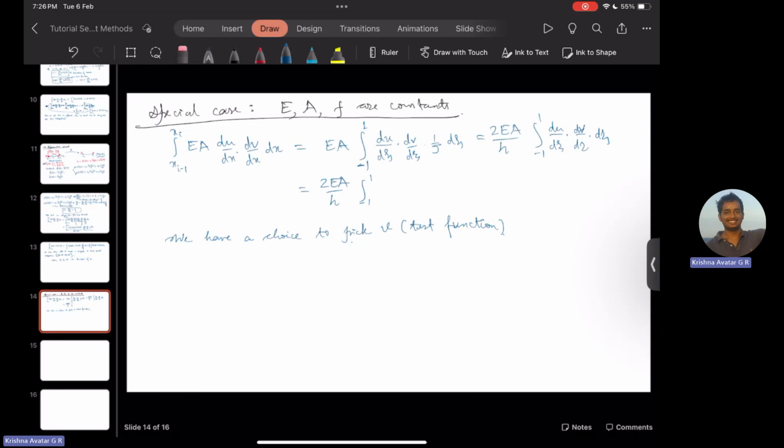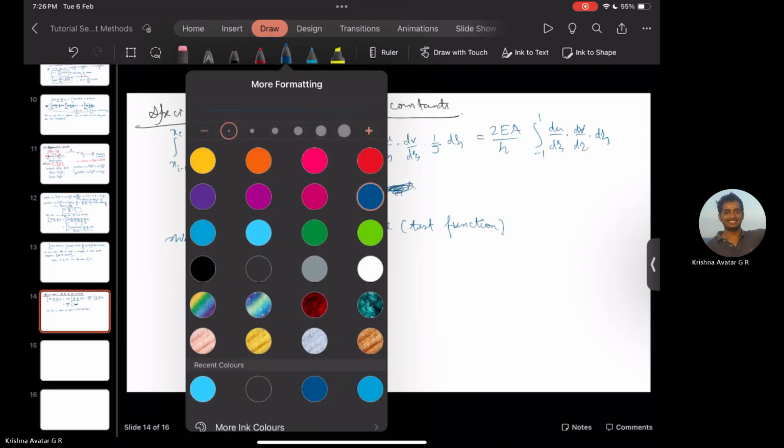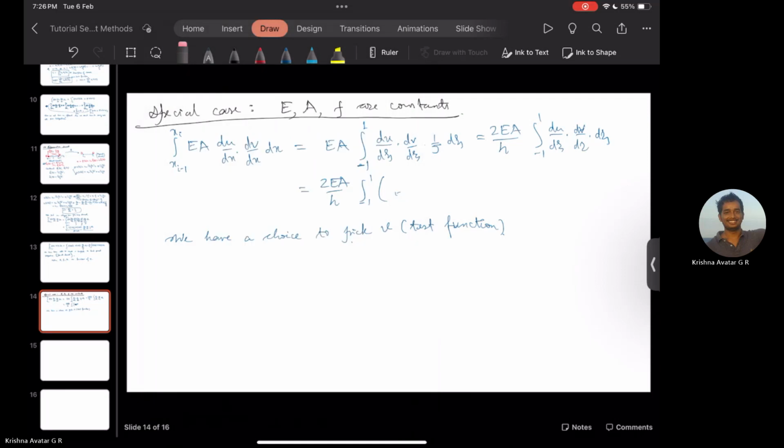and recall that we had expressed u in terms of u(i-1) N1 hat plus ui N2 hat of z, into dv by dz dz, right?